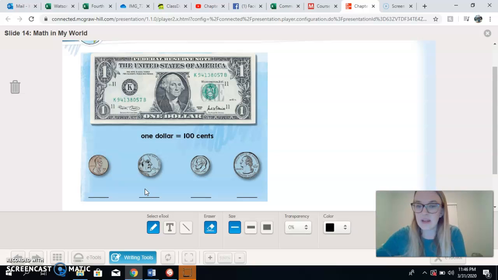Our next coin is little and thin, and we should remember that it is worth 10. That is a dime. So if you have so many dimes, we can reach 100 as well. So now we're going to skip count by tens and see how many dimes it takes to reach 100.